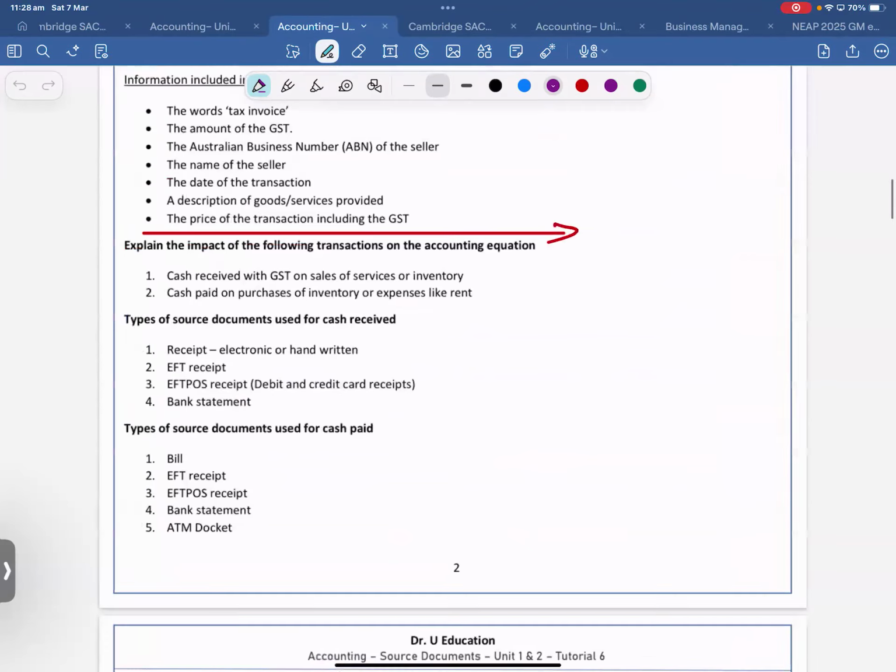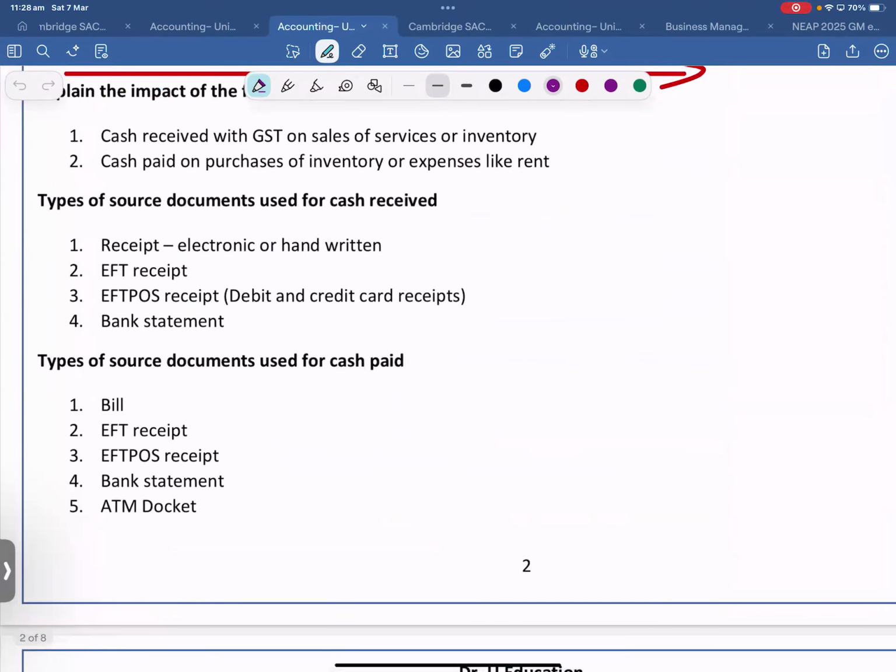Have a look at the types of source documents we are going to do.